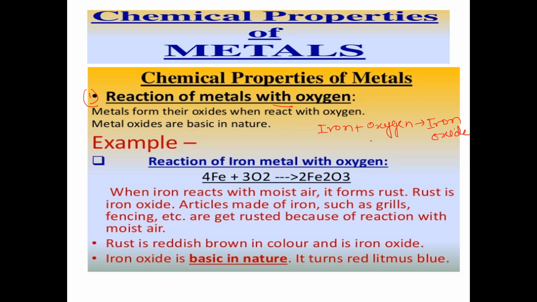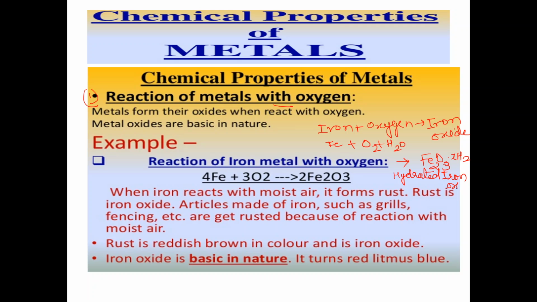The actual formula is hydrated because rusting takes place in the presence of moist air, the oxygen as well as water. So it will form hydrated iron oxide, Fe2O3.xH2O. So what is rust? It is hydrated iron oxide.